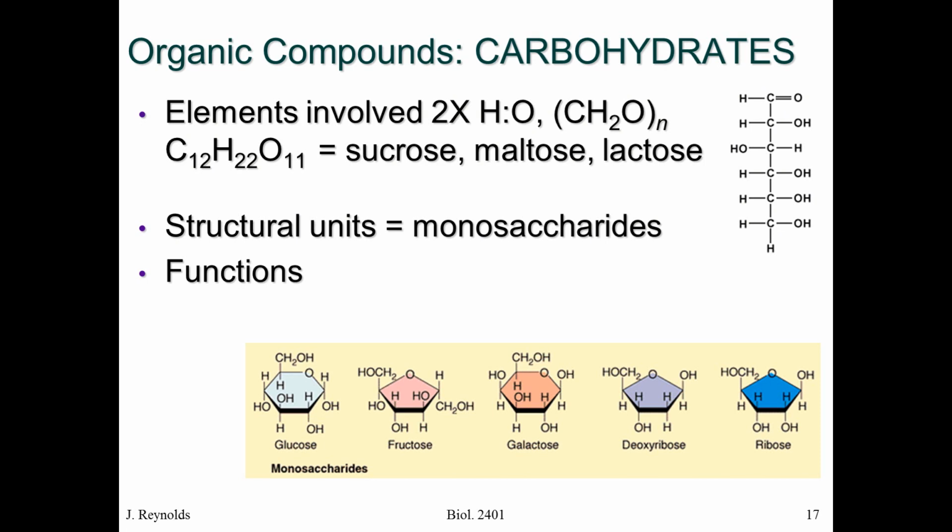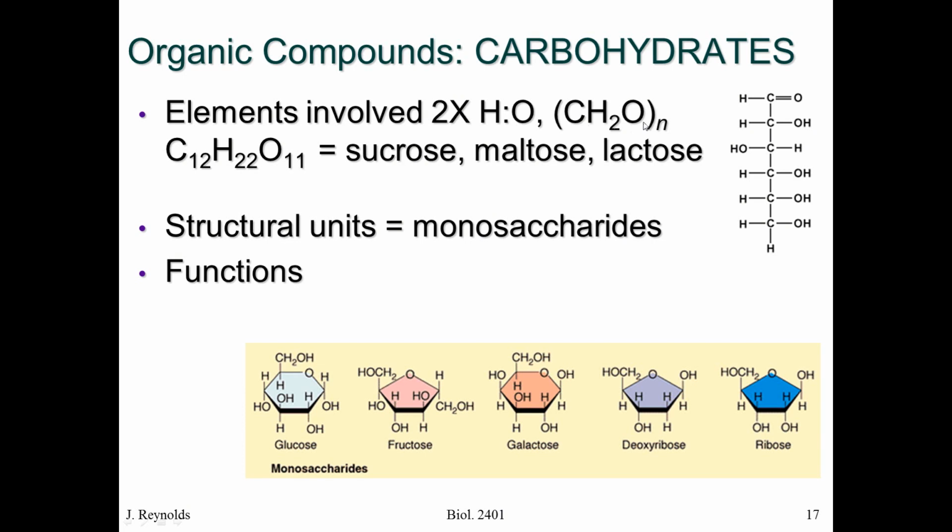C6H12O6. And if you look at that formula, you'll notice that there's twice as many hydrogens as carbon and oxygen. So you see the formula here, CH2O to the nth, meaning that if we put a 6 in the n, you would have CH2O, parenthesis 6. Well, there's no number on the carbon and there's no number on the oxygen.